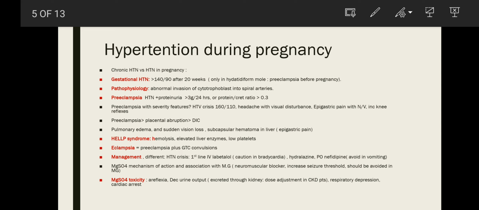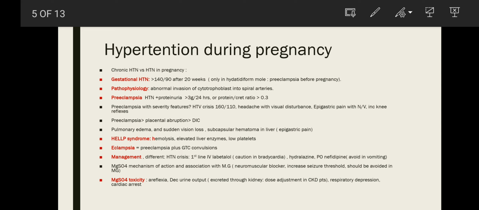And now for seizures, we give magnesium sulfate. What's the mechanism of magnesium sulfate? Magnesium sulfate is basically a neuromuscular blocker, and it increases the seizure threshold. So this is the mechanism, and as it is a neuromuscular blocker, we have to avoid it in the case of myasthenia gravis.